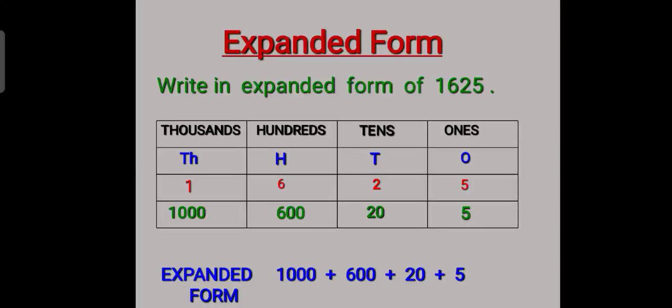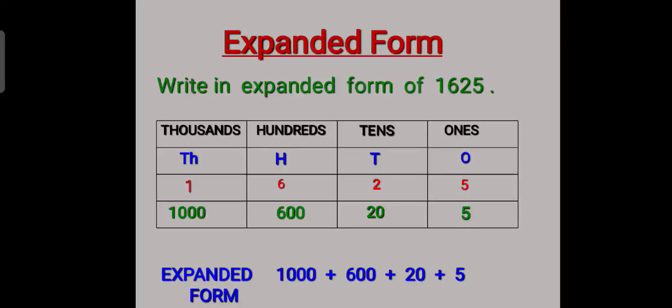Now write the place value of each digit. The place value of digit 5 is 5, of digit 2 is 20, of digit 6 is 600, and lastly of digit 1 is 1000.